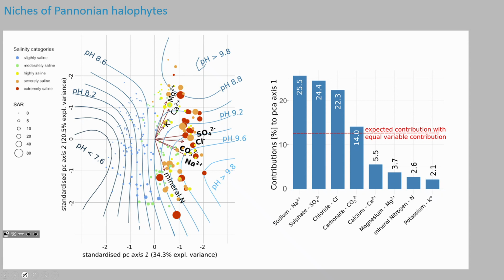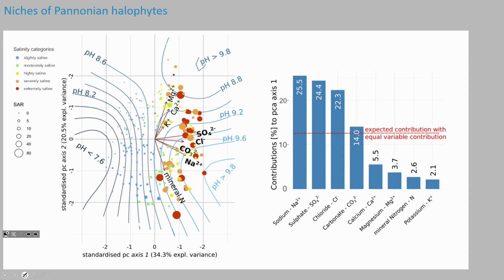What we see is that sodium, sulfate, chloride, and carbonate are mostly correlated with the first axis, so they contribute most to the variance on the first axis. And the first axis is also related to salinity, as we see here with the different colors.